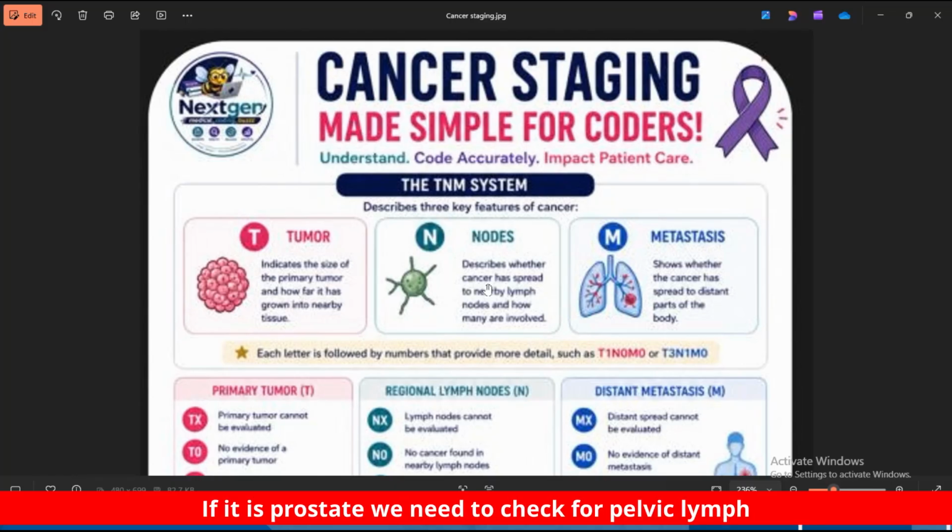If it is prostate, we check for pelvic lymph nodes. If it is uterine cancer, we check for other types of lymph nodes, including pelvic. And M means metastasis. Here we need to check whether the patient has secondary cancer.